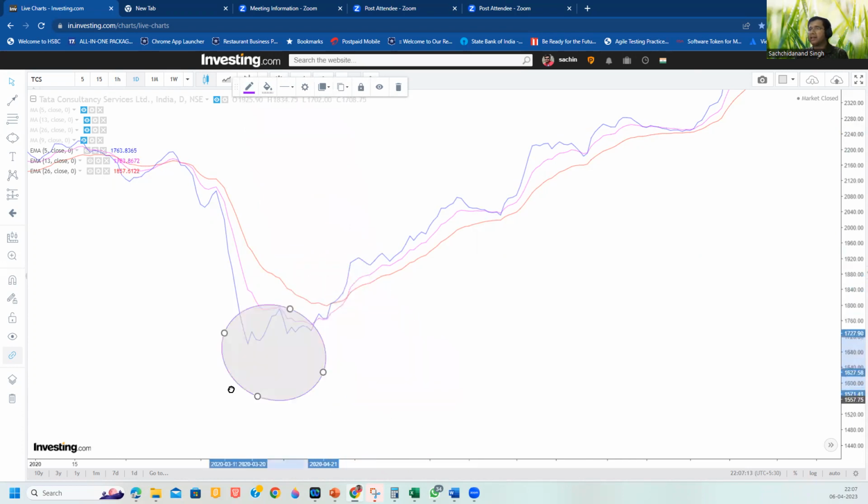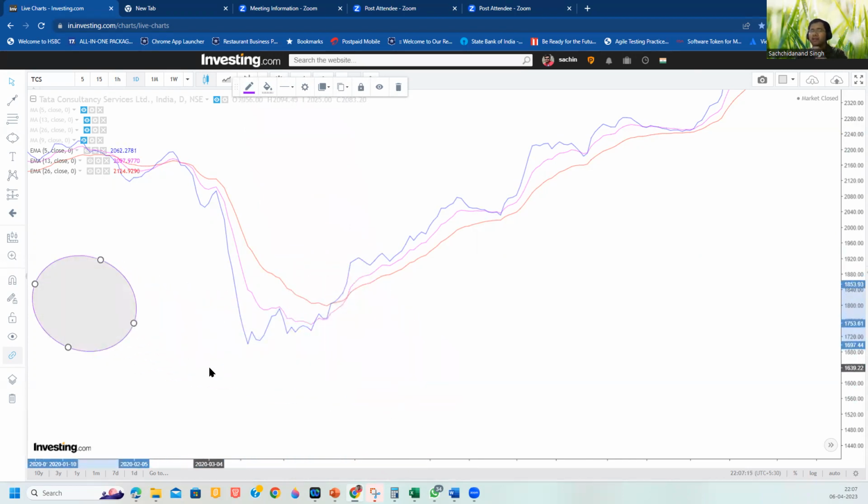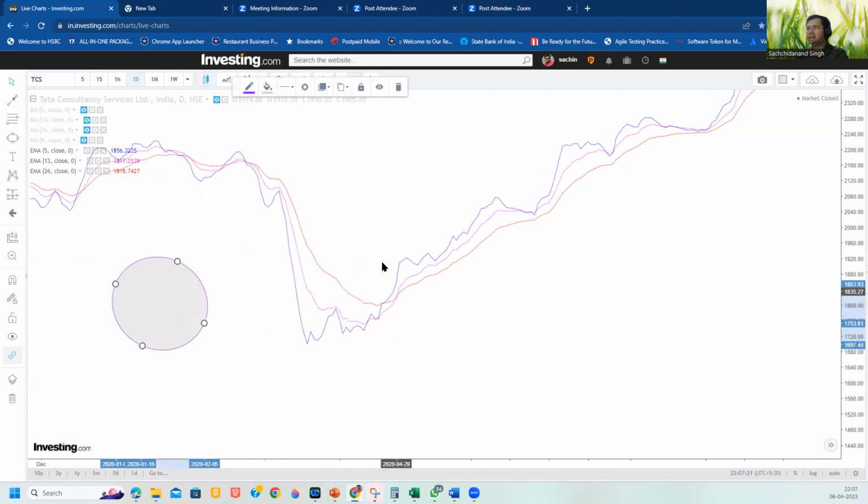And this is another way to identify the stock or pattern reversal or the market reversal. Based on this, we can take a long entry along with some additional indicators, which we will learn in subsequent sessions. As of now, look at what actually happened after this point of time.